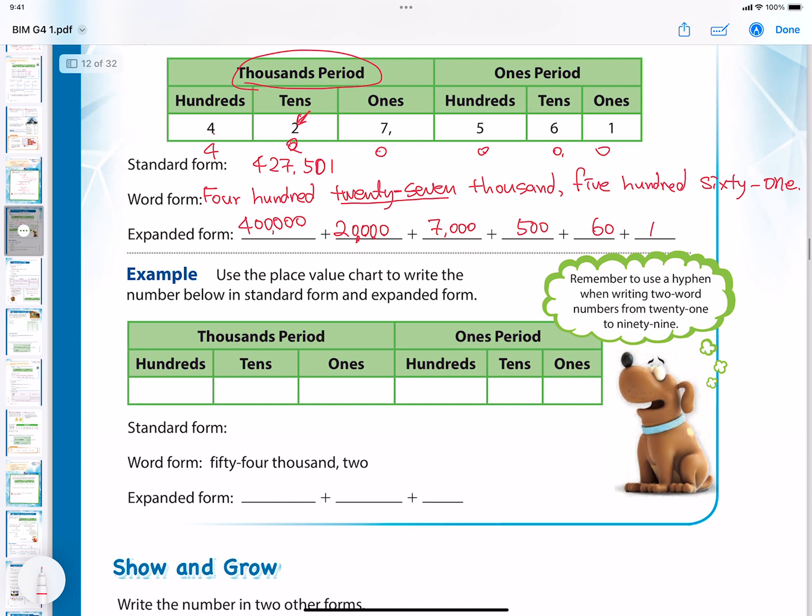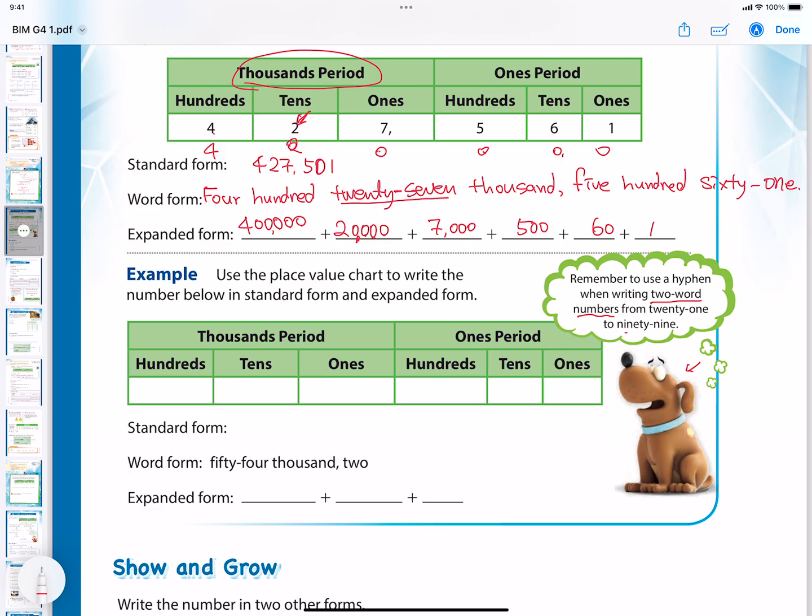So I want you to pause the video and I want you to do this second example by yourself. When you're done, you can check your answers with mine. But before you continue, let's read this. I think this is Newton, right? So let's see what Newton is thinking. Remember to use the hyphen when writing two-word numbers from 21 to 99.